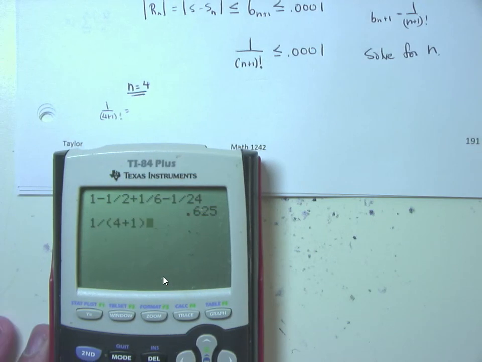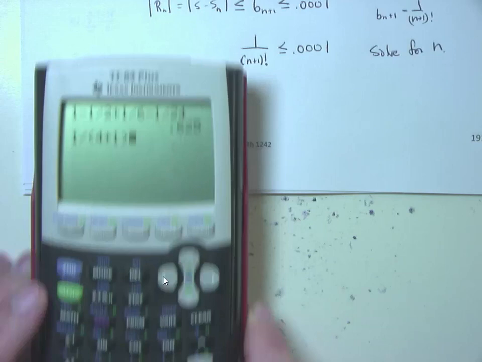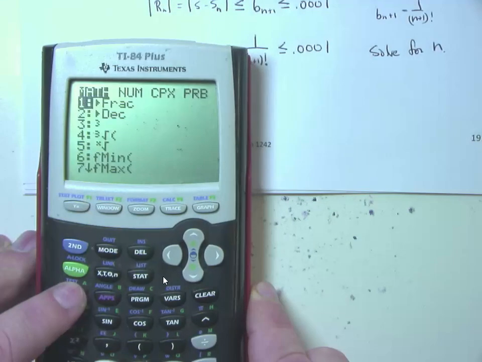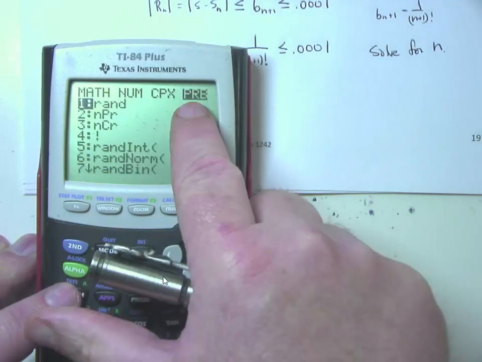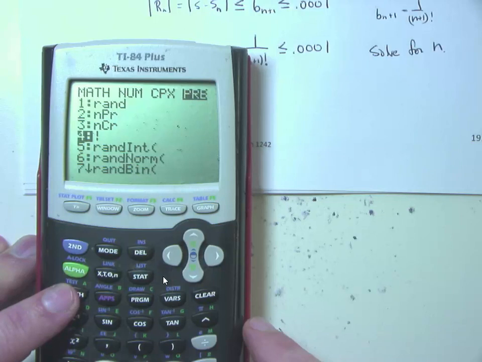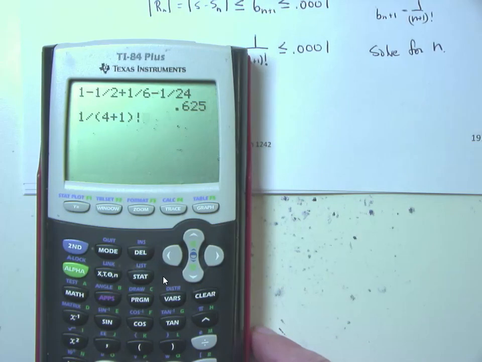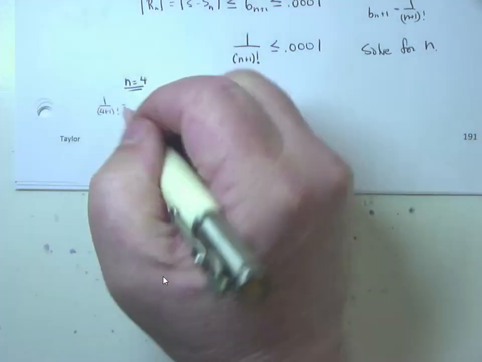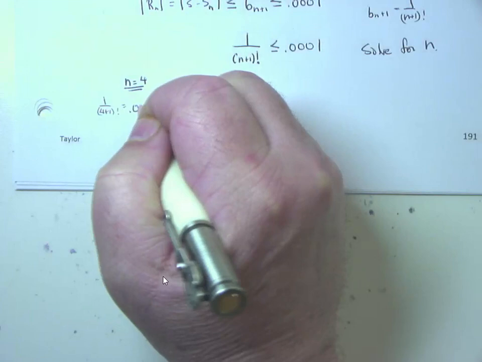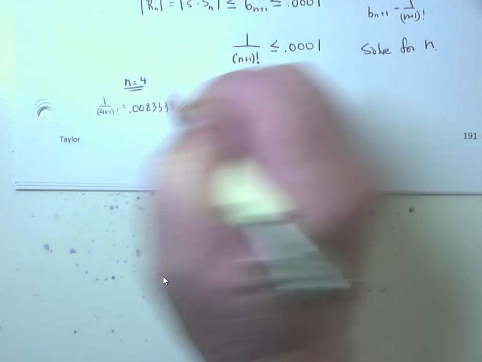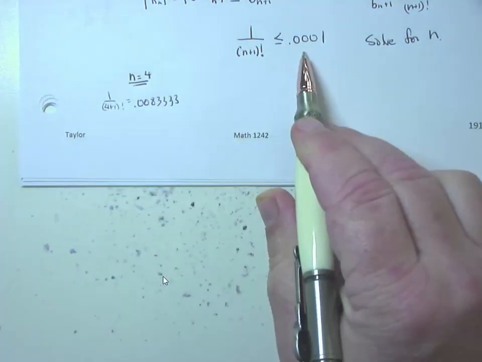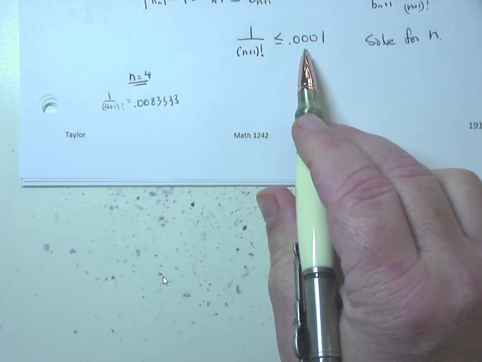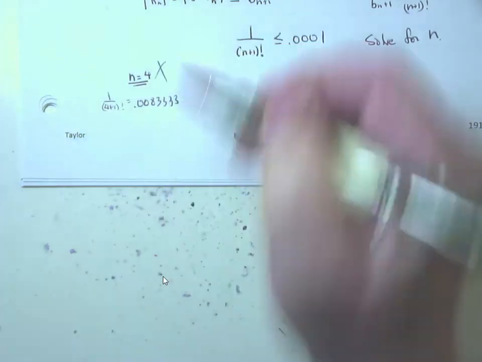And your factorial button is located under the math button. Go to math, scroll over to probability, PRB, and it's number 4, your factorial button. You could type in 5 times 4 times 3 times 2 times 1. Then you end up getting 0.0083333. Is that less than 0.0001? No. Not my guy.